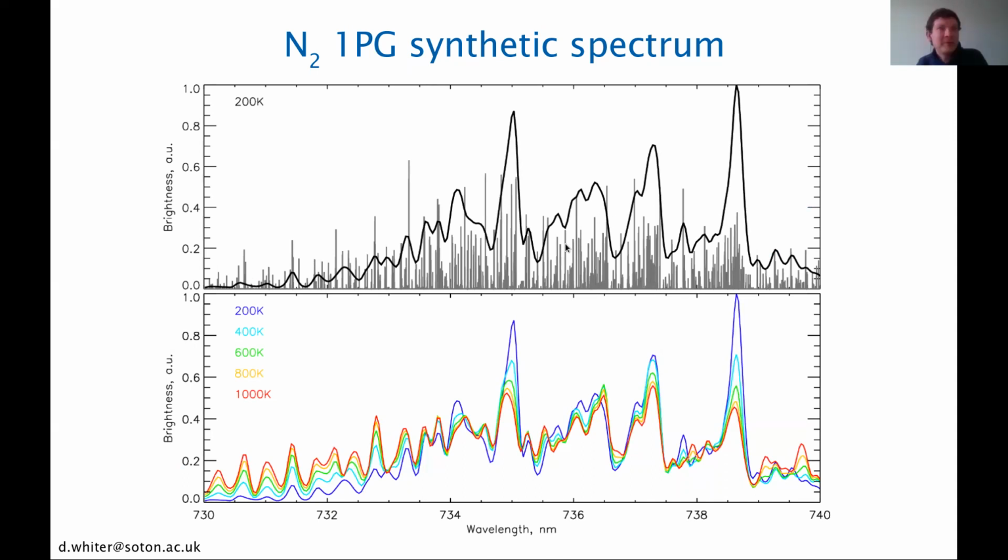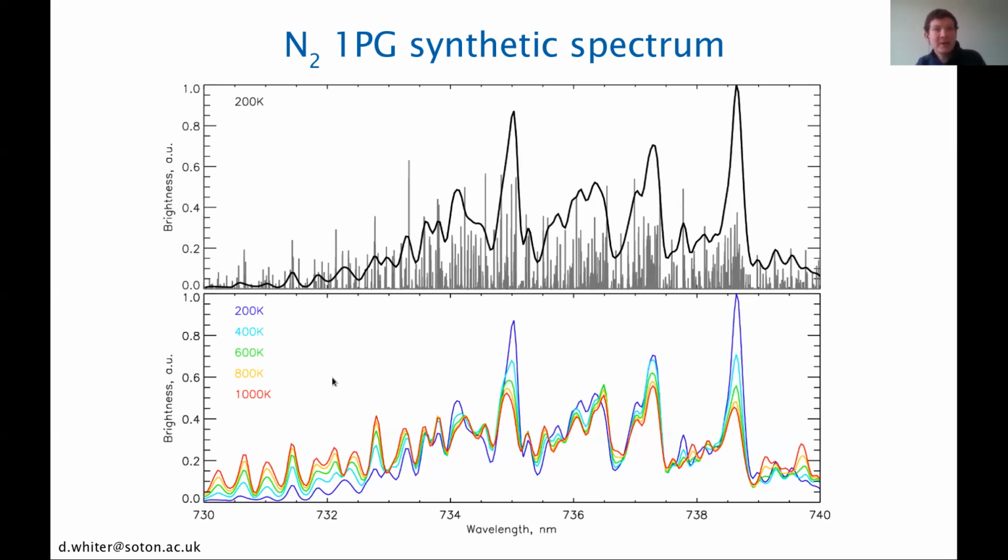So if you have an atomic emission, you get 1 or 2 spikes associated with different transitions between energy levels. In molecular emissions, because there's so many different energy levels associated with those rotations and vibrations, you get many emission lines. And then I've convolved those with the instrument function for the spectrograph, and we get this black line. So that's the sort of thing we would observe.